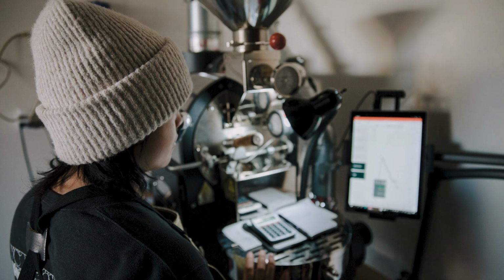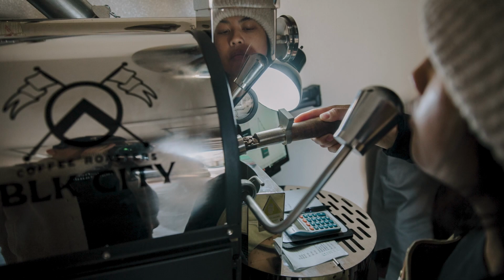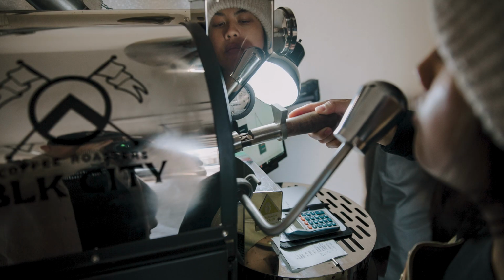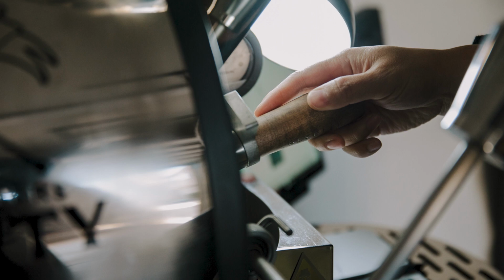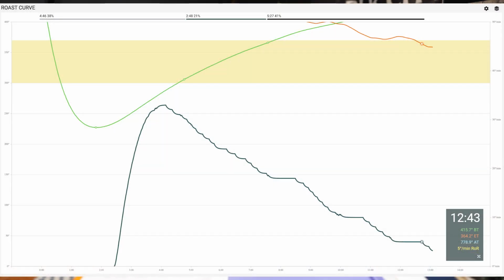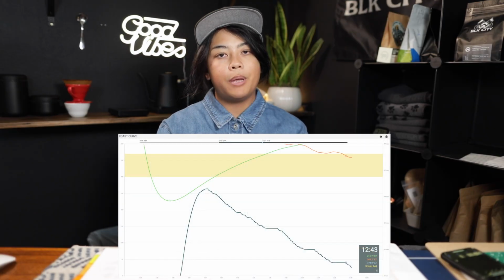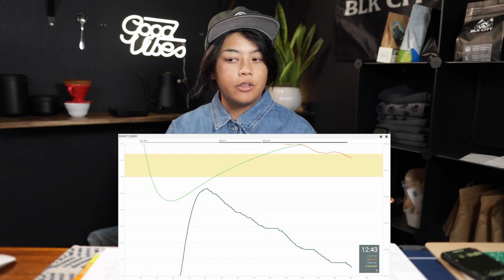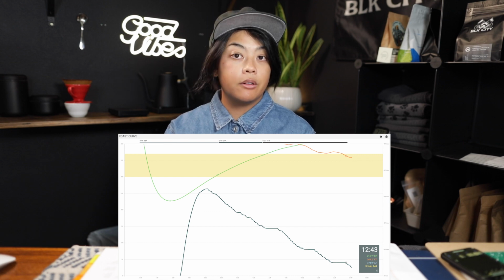If we have an underdeveloped roast and we're at the roaster, and say at the roaster we have this type of graph, that's what we're looking at. Generally, what we're gonna do is base the roast on previous experience.